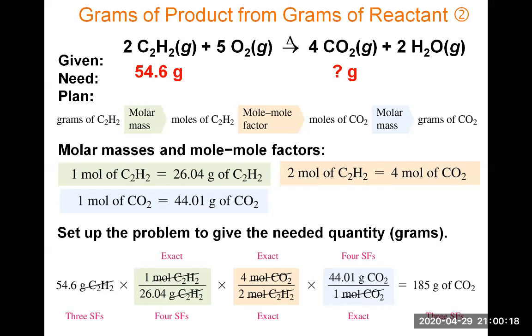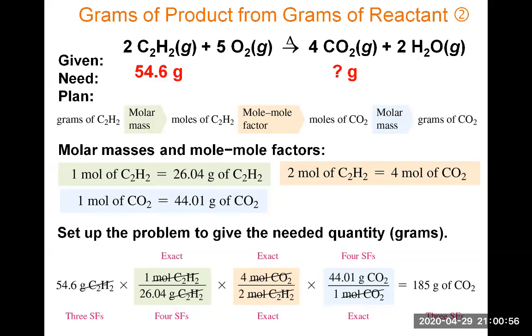And because you have grams of C2H2, you want to cancel grams of C2H2. So you will place the 26.04 grams of C2H2 on the bottom of the conversion factor so that you cancel the grams of acetylene. And then the mole of acetylene will go on top. So that first step converts grams of C2H2 to moles of C2H2. The second conversion factor should change the moles of acetylene to moles of carbon dioxide.